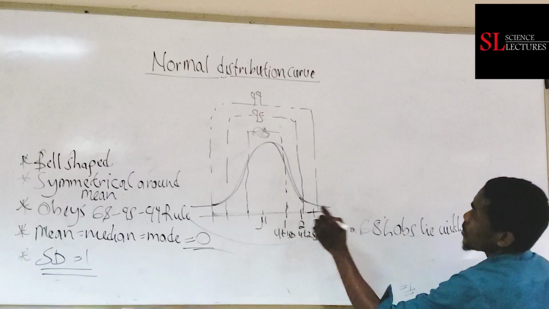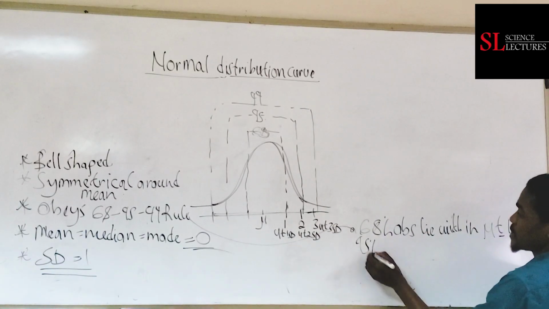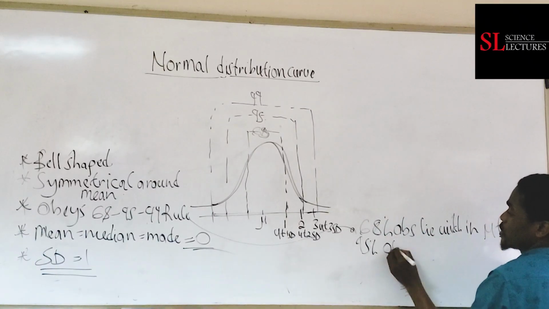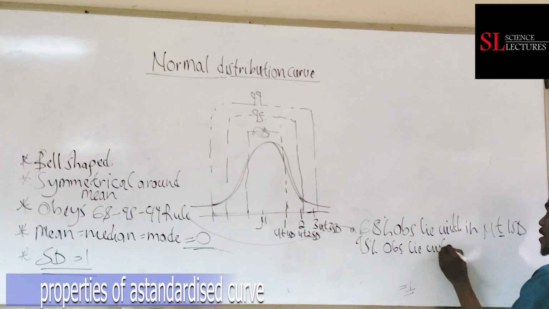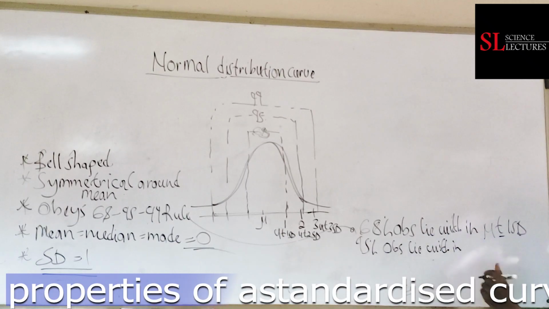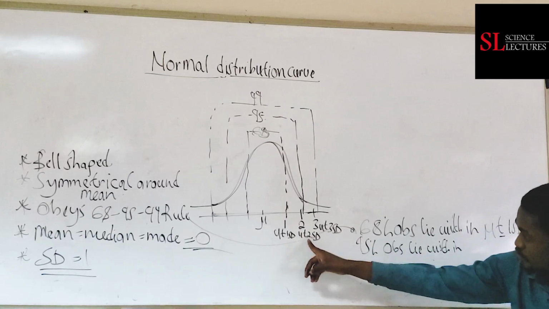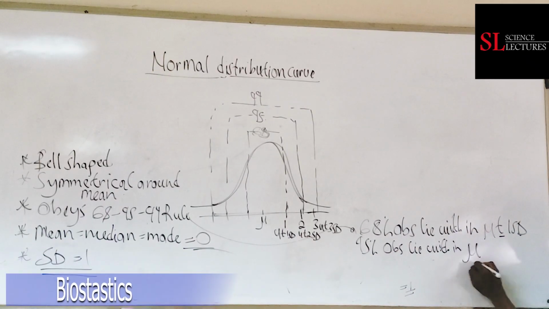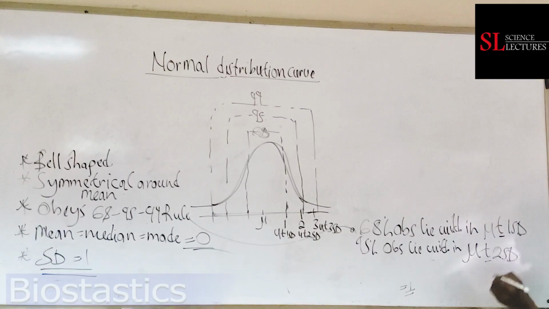Now, if we look at the 95, that means 95% of objects lie within the mean plus or minus 2 standard deviations. So it will lie within mu plus or minus 2 standard deviations.